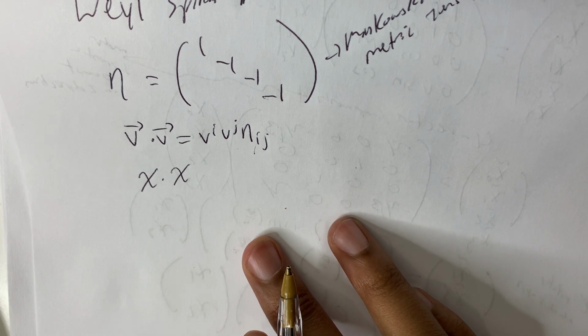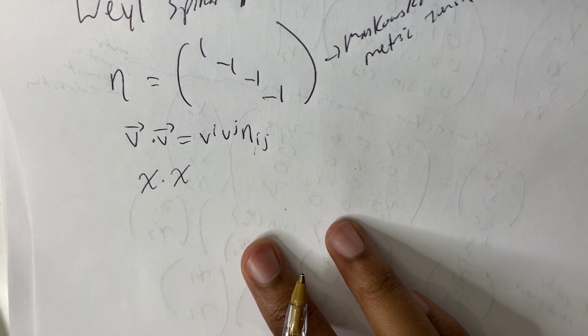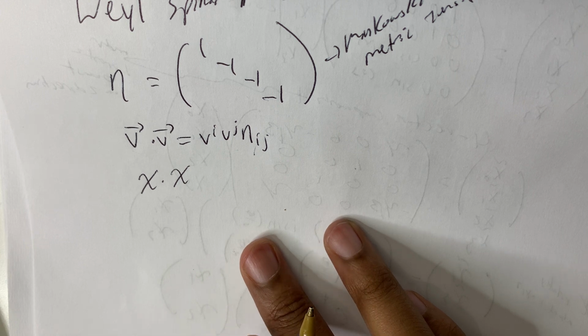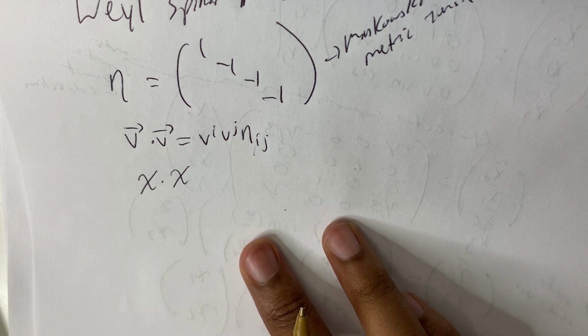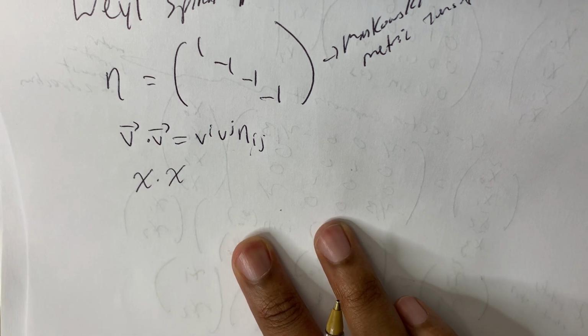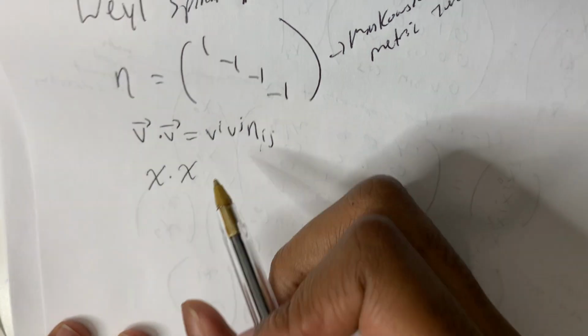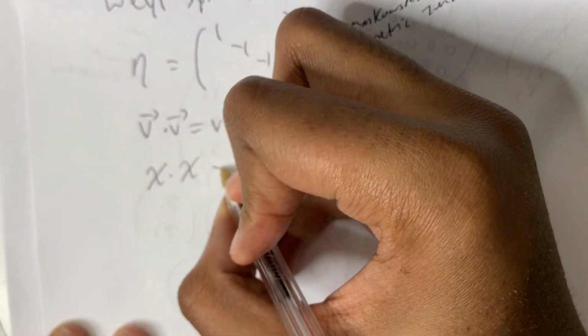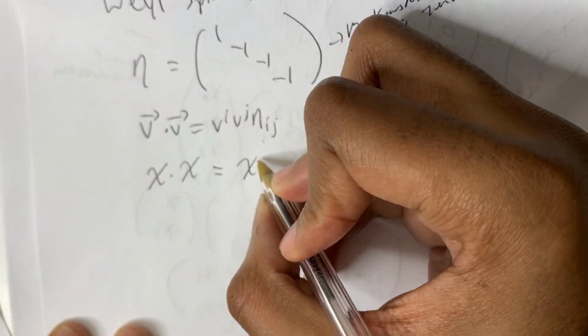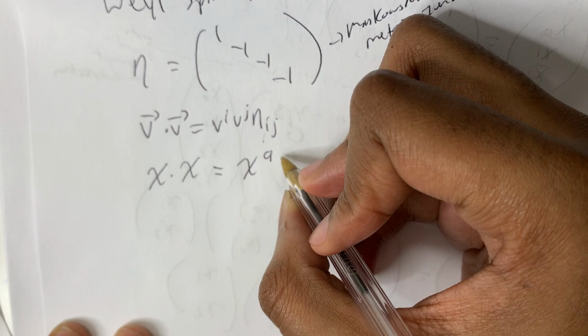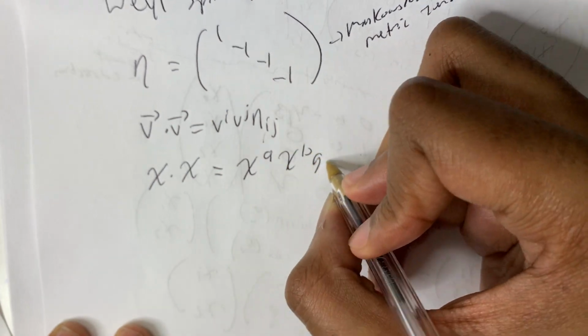This generalizes to the one other spinor, the right chirality spinor, the right-handed Weyl spinor. So the dot product of this with itself is going to be chi^A chi^B g_AB.